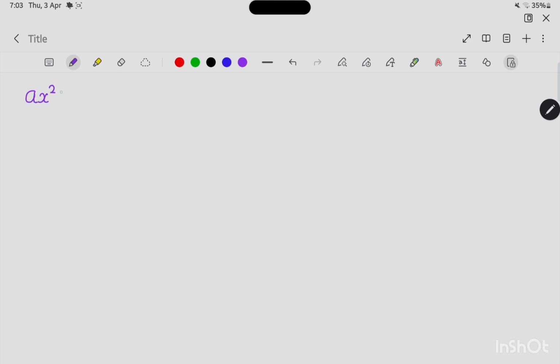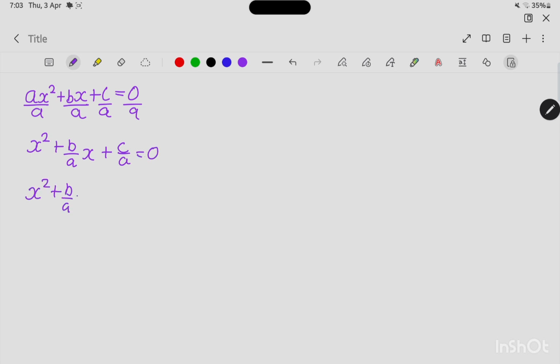Let's say we have ax square plus bx plus c here, and this is equal to 0. Divide the entire expression by a. You will get x square plus b by ax plus c by a equal to 0. That means x square plus b by ax equal to minus c by a.